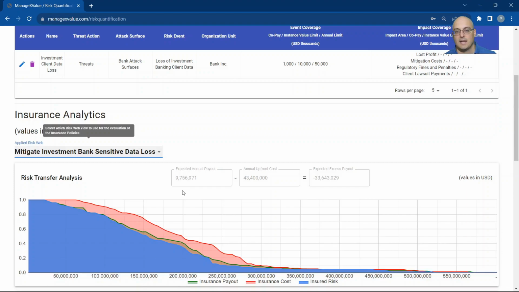And the expected annual payout drops to less than 10 million compared to the annual upfront cost, which results in a negative $33.6 million excess payout.